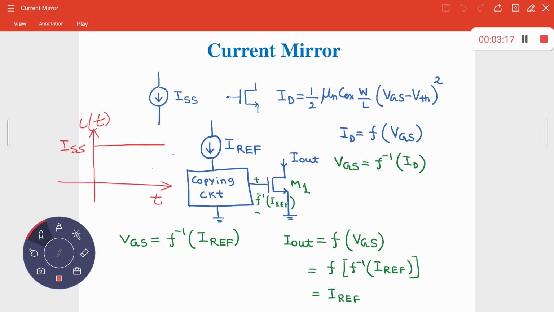We want that this current ISS, for the time being let's assume it's a constant current source, gives you a constant value over time, say 1 milliampere or 0.1 milliampere, whatever the value may be. And that should not be modified by any external disturbance. There can be some fluctuation in the supply VDD.